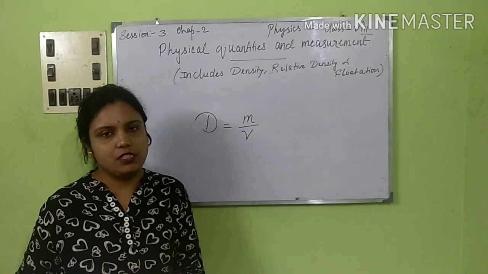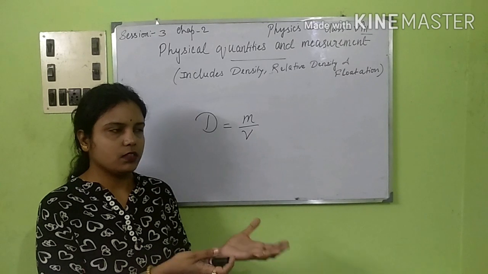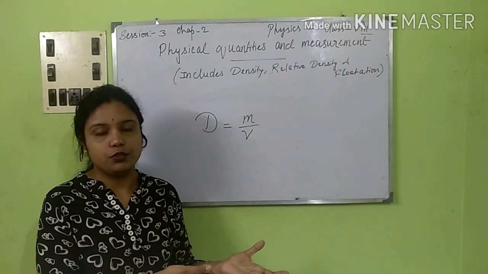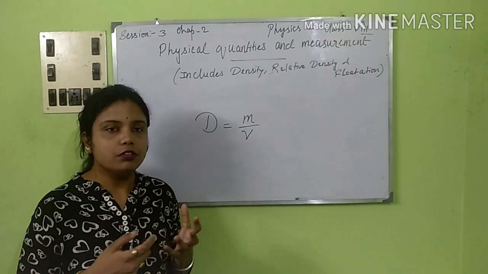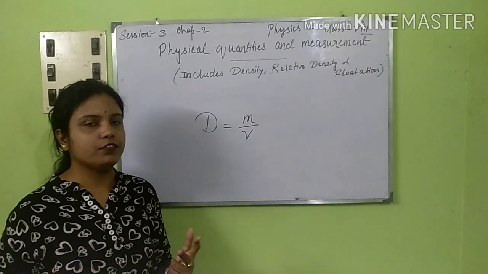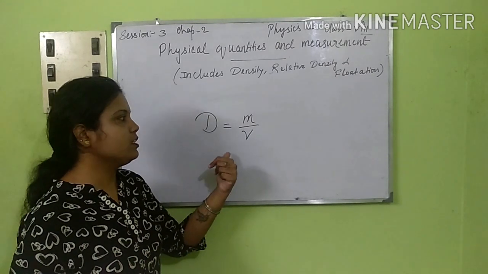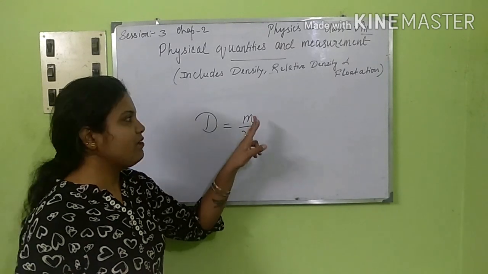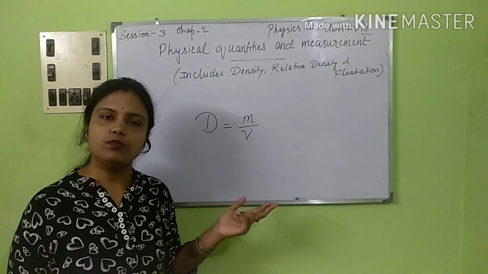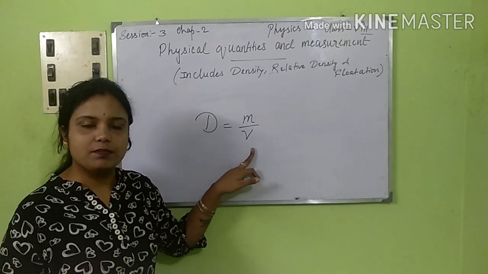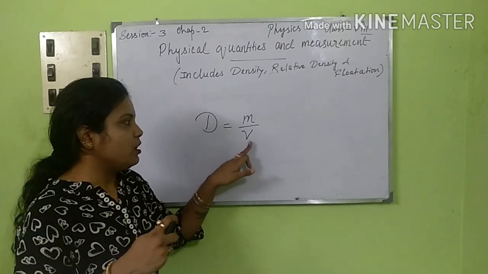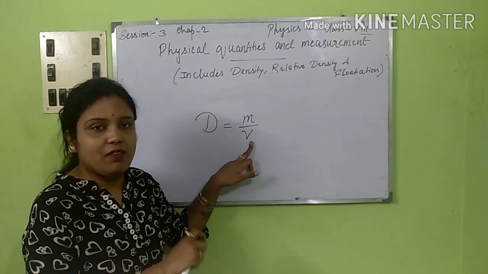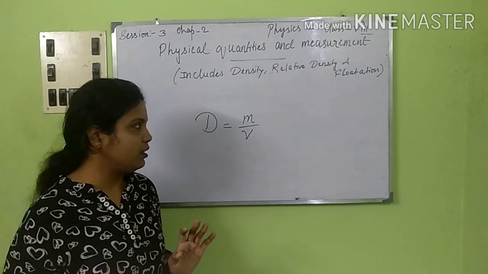Wood is much lighter than iron, you can say. As you know, iron is very heavy, right? So these are the two types of conditions that can be put in this particular definition. First one is substances having equal mass but different volumes, and the second one is substances having different mass but the same volume. I hope I'm clear with it.